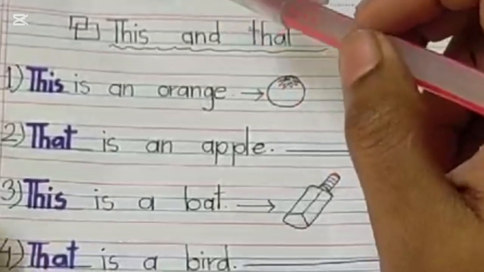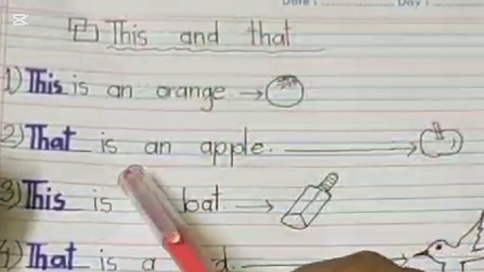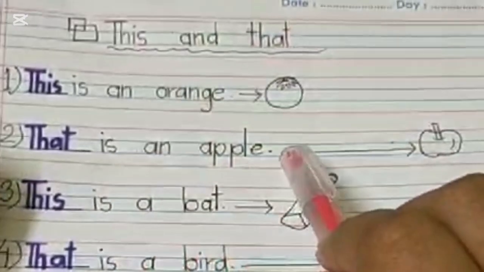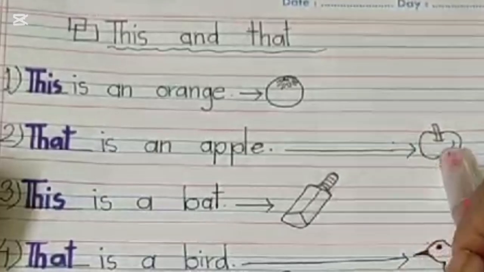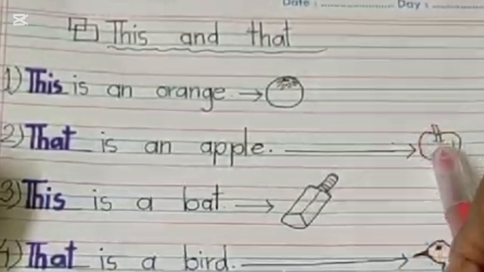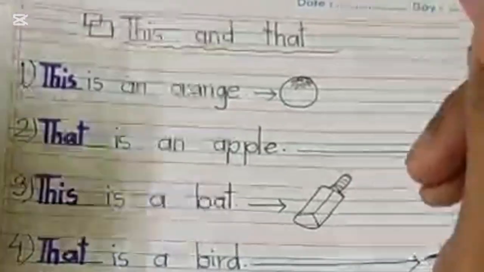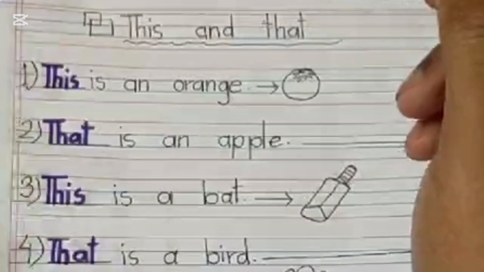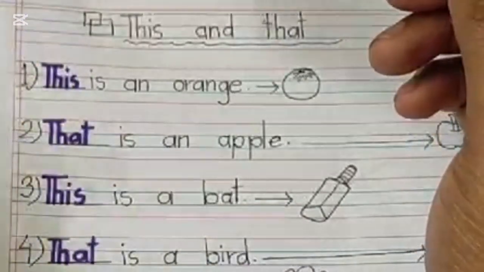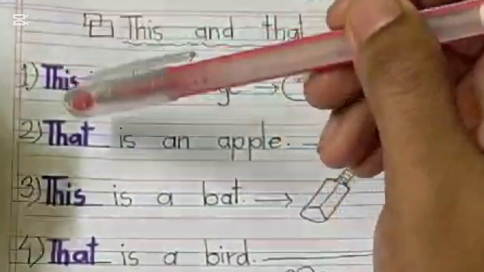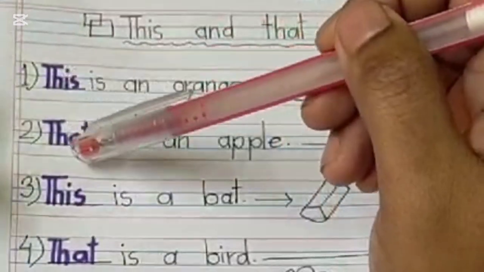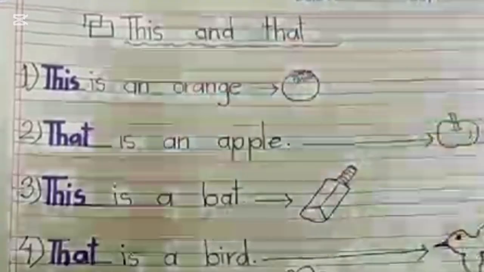And dash is an apple and there will be a long arrow which means far, and there will be any picture of anything. Now we have to understand what we should put in front of the sentence. Should we put this or should we put that?